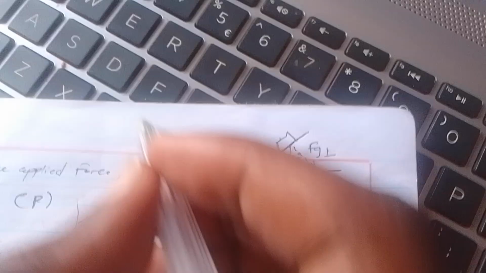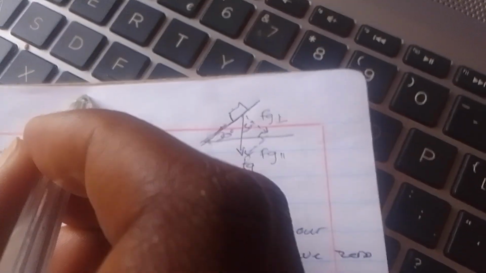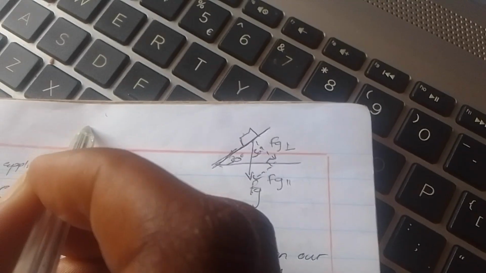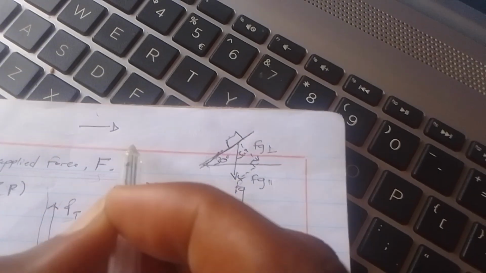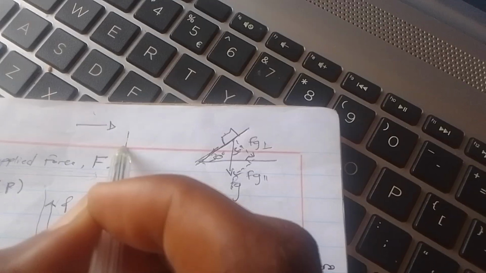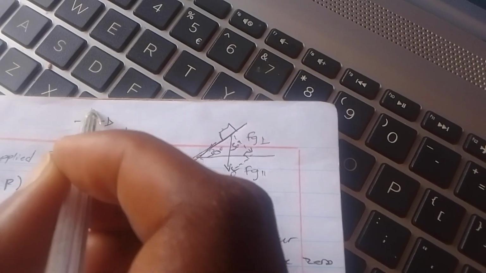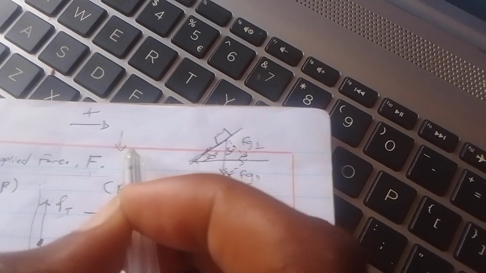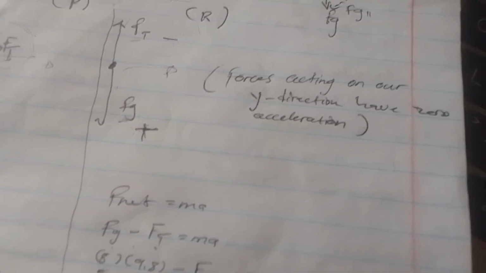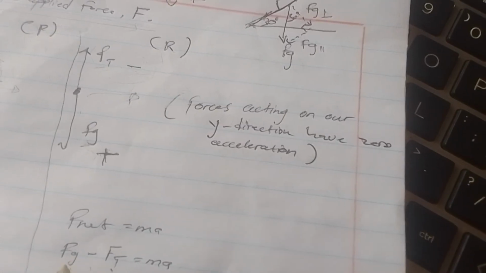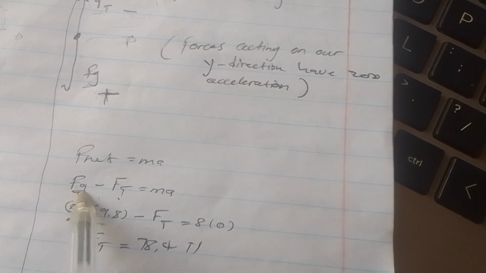You can see, on our block P, the tension is going where? So the force that will go downward we said is positive here, and so the force going downward will also be positive. That's why I took my FG as positive. We're on block R now.